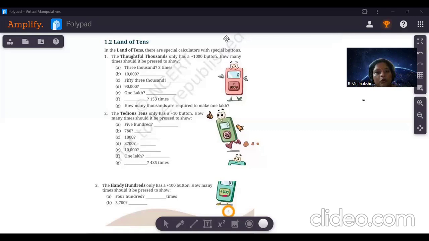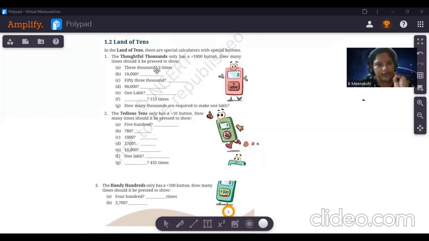So in thoughtful thousands, we have only a plus 1000 button. The question is, how many times should it be pressed to show a number?